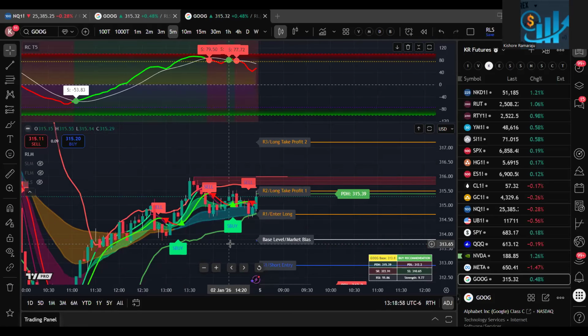FLM stands for Futures Level Manager. That means it will tell you where the levels are. Once you paste the levels, when the market opened, it was already somewhere at, it is close to R7.